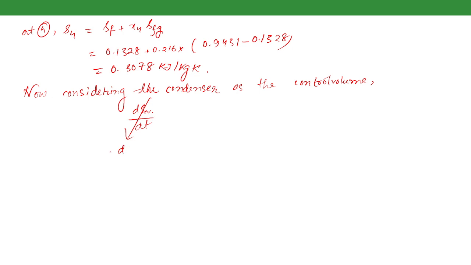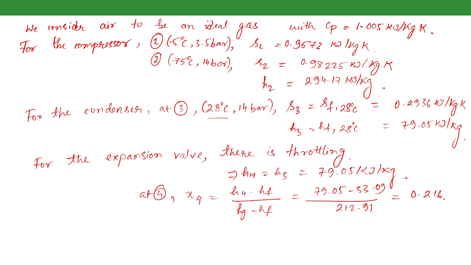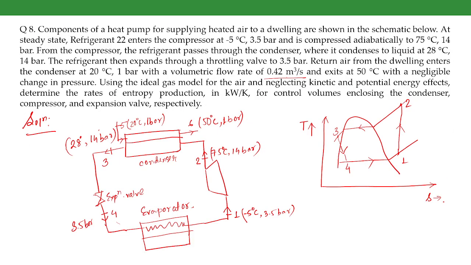Also for a steady flow process, this will be 0. This is equal to the mass of the refrigerant that is coming. So the condenser essentially includes both the flow of the refrigerant and the flow of the air.